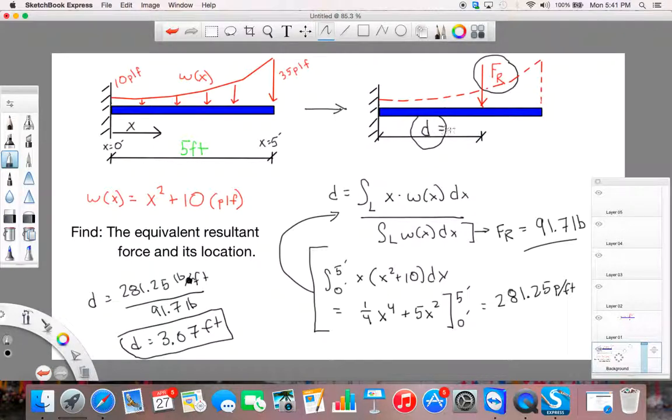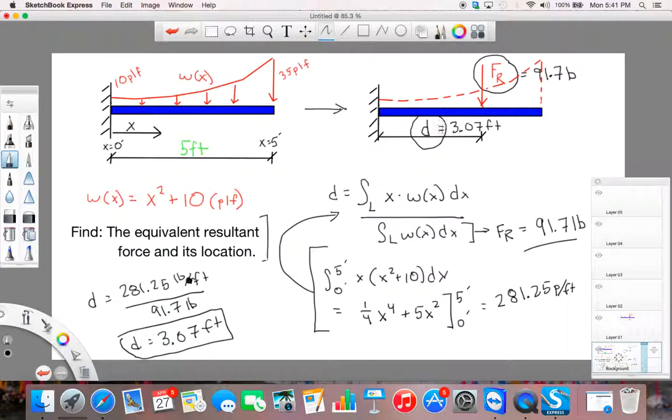So we know the place, the centroid of the uniform parabolic, we know the distance to the resultant force to make these systems equivalent, and we know the force resultant to be 91.7 pounds. So we've solved everything we're asked to solve.